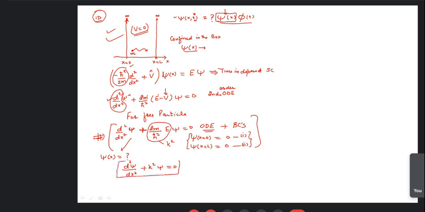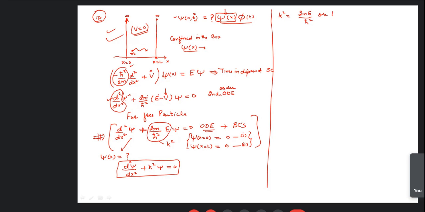So I can see that this is a much more simplified version now, and we can solve this now. If you see what this k is, this k square is this thing, that is 2mE over h bar square.